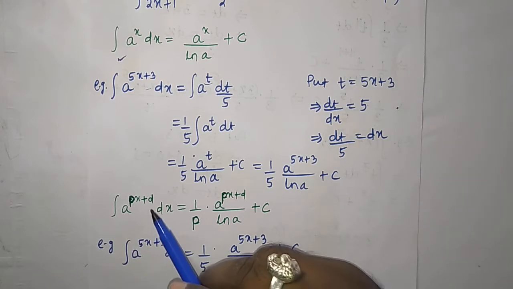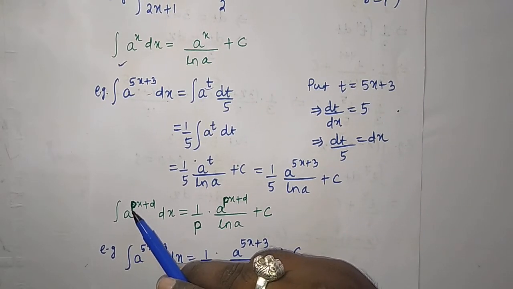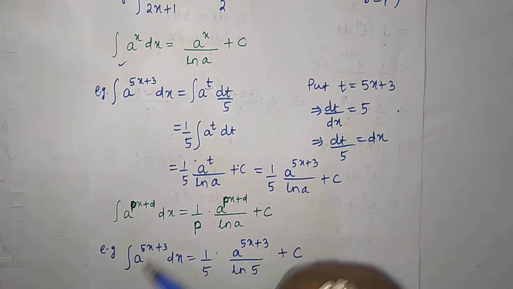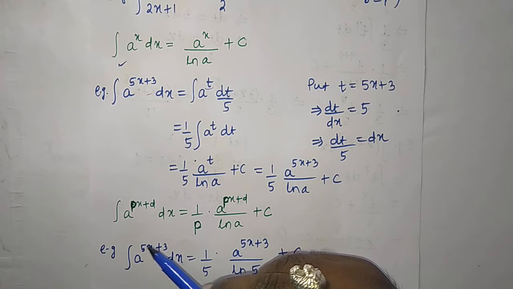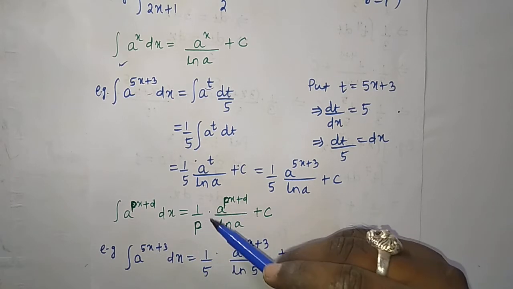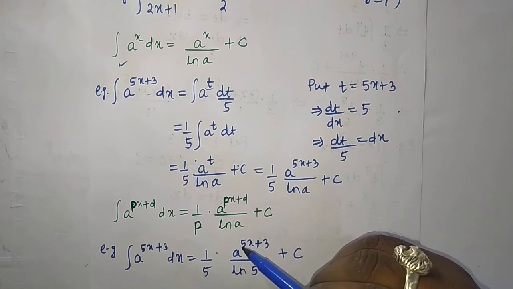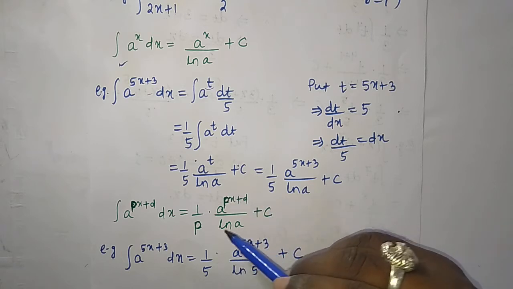Here I have taken the coefficient of x as p. Here the coefficient of x is 5, so the answer will be 1 by p, means 1 by 5, into a to the power (px + d), means a to the power (5x + 3), divided by ln a.